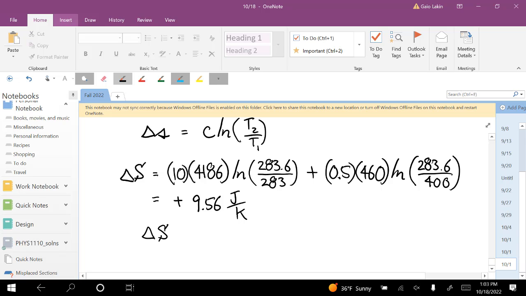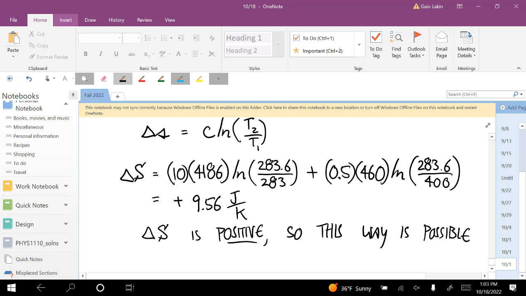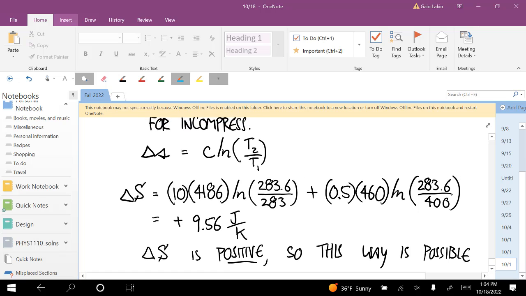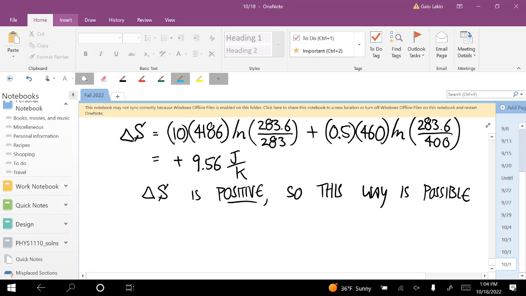The change in entropy is positive, so this way is possible. What if you check the other way now?